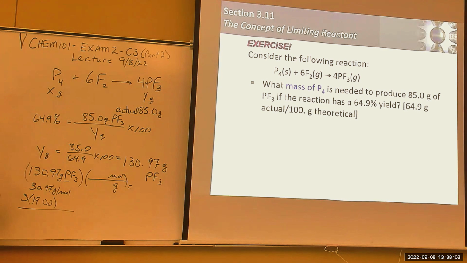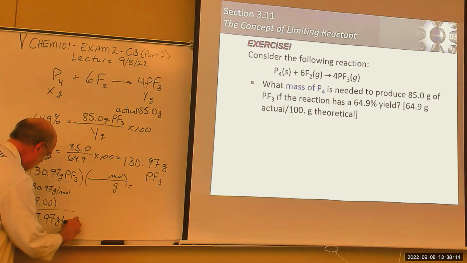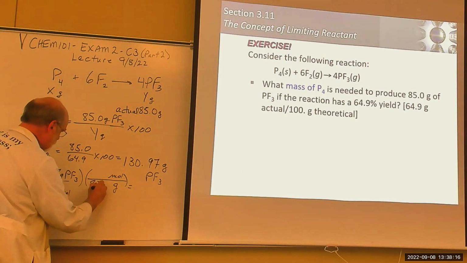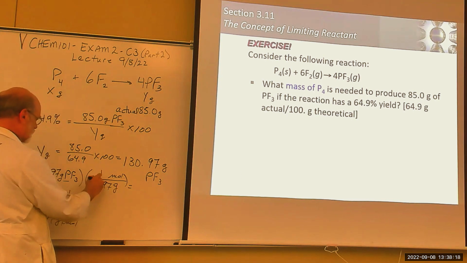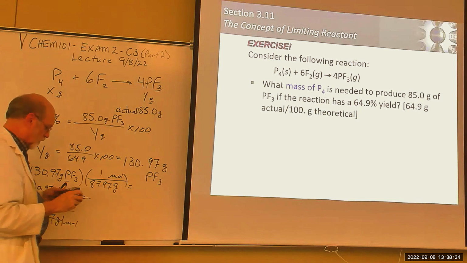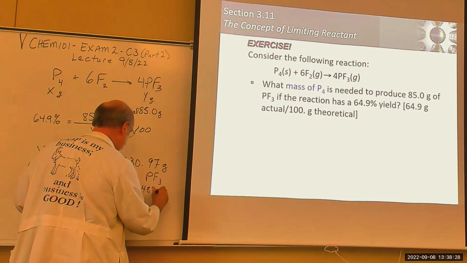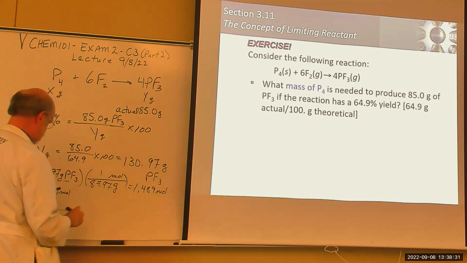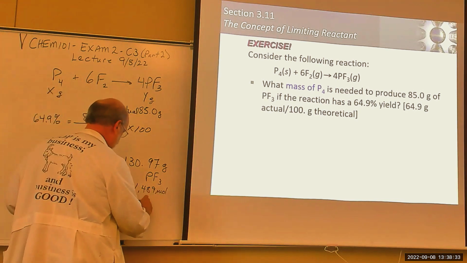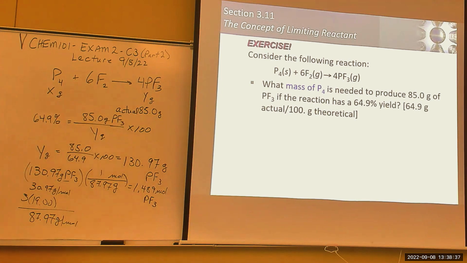I get 87.97 grams per mole. So 87.97 goes in here. Divide that into 130. And I get 1.489. Moles of what? Moles of PF3. Okay?